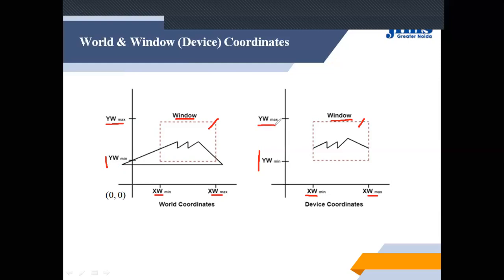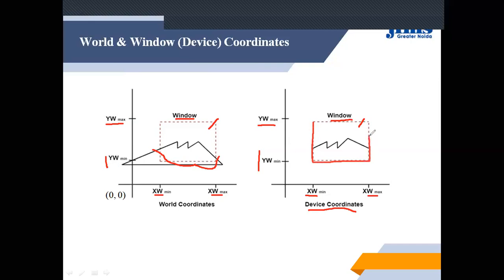What I did in this, I removed the image that is outside this window part. So this is now called the device coordinates, where I want to see the image.